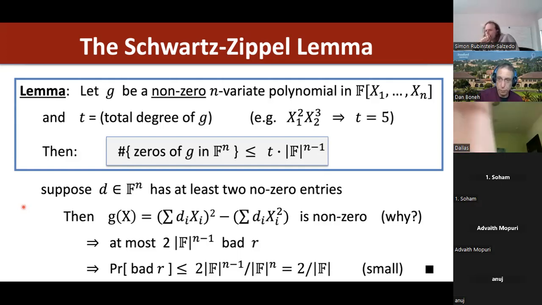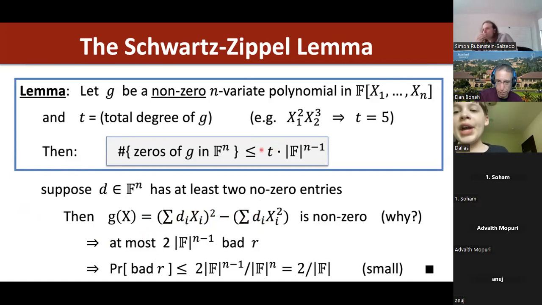So why is it at most 2 f to the n minus 1 bad randoms? Let's look at this polynomial G. What's the total degree of G? The total degree of G is 2, because you can see that every monomial has degree exactly 2.